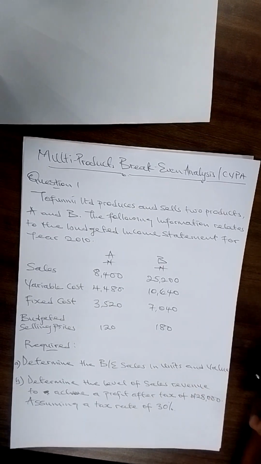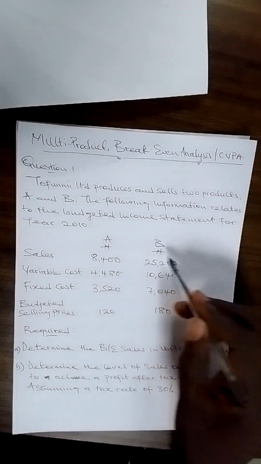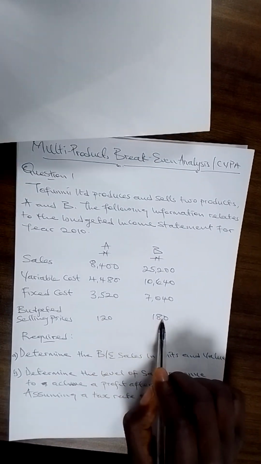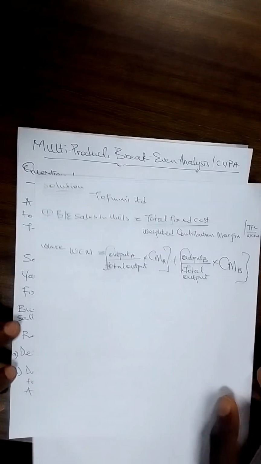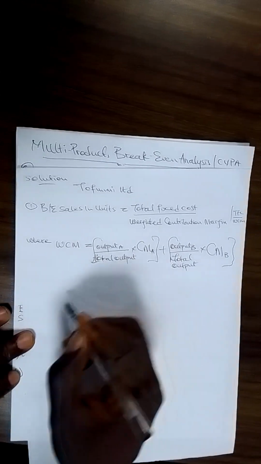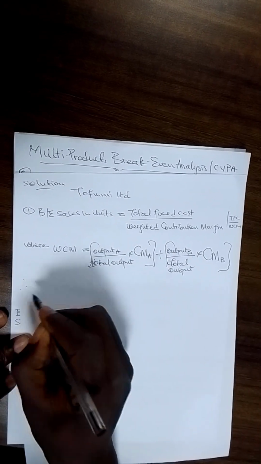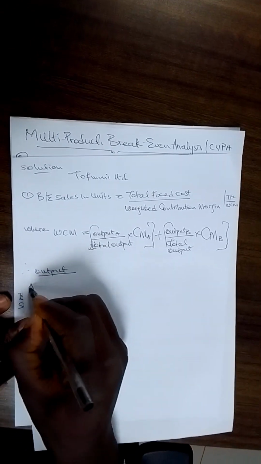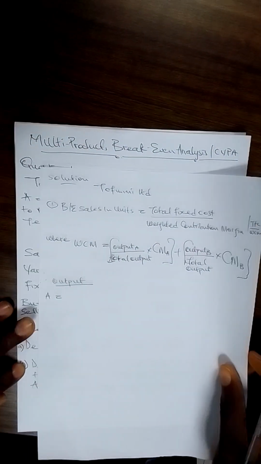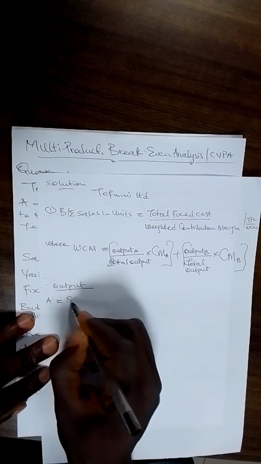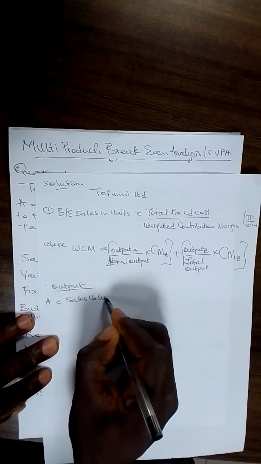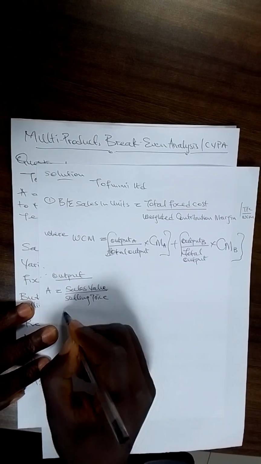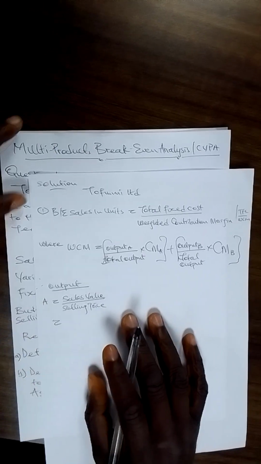Now how do we determine the output for the two products? Of course, we have the selling price for A and that of B. That is, the selling prices have been given. So let's determine the output first for A. We are going to use the sales value divided by the selling price of A. So what is the sales value of A?